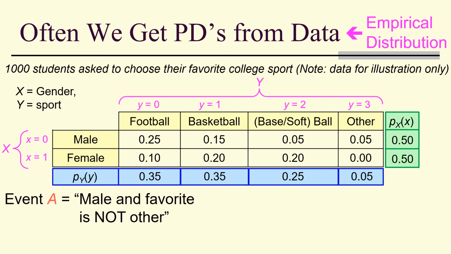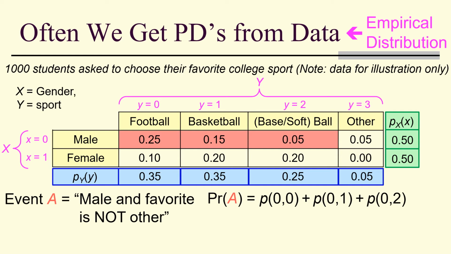If we have this event A, which is male, and favorite is not other, then we're looking at male in football, basketball, or baseball. The probability of that event is the sum of these three probabilities, which is 0.45.